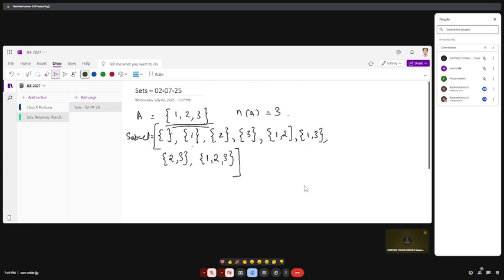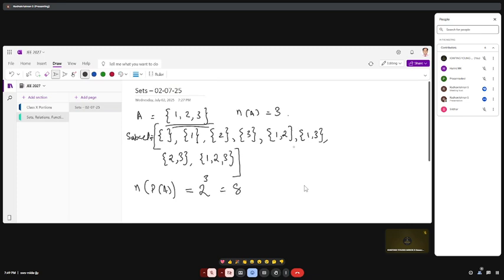Therefore, this is the power set, P of A. n of P(A) equals 2 power n of A, which is 2 cubed.